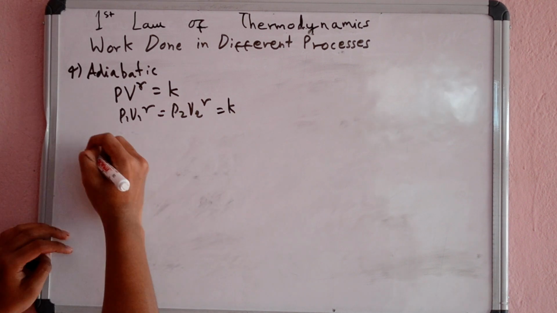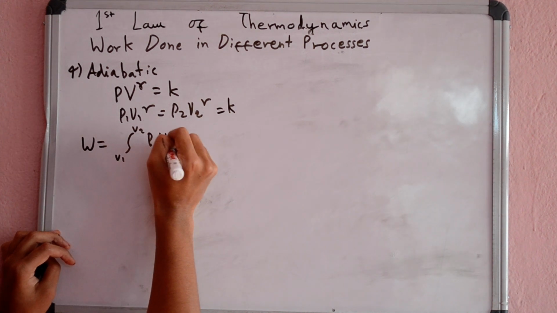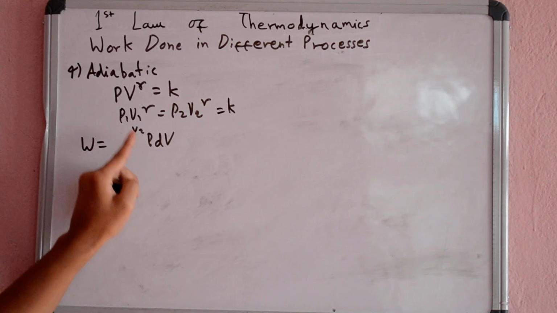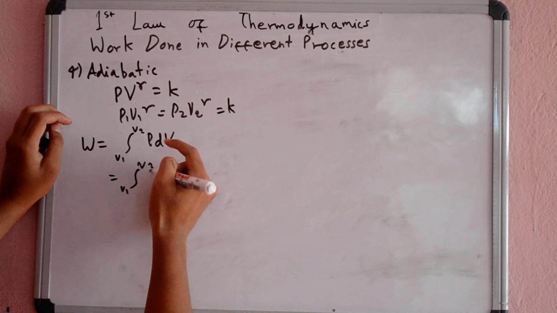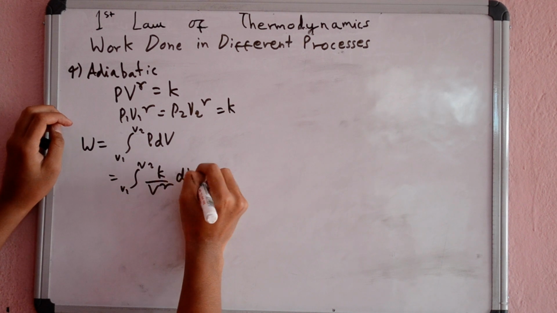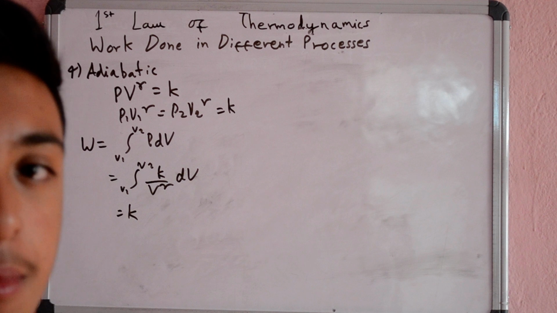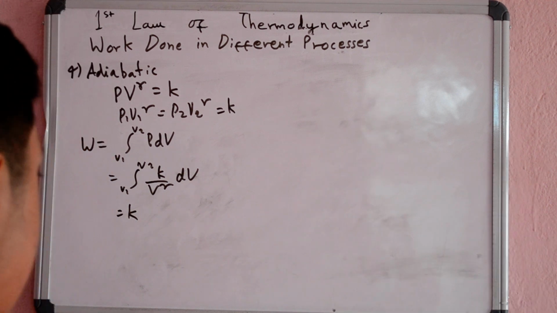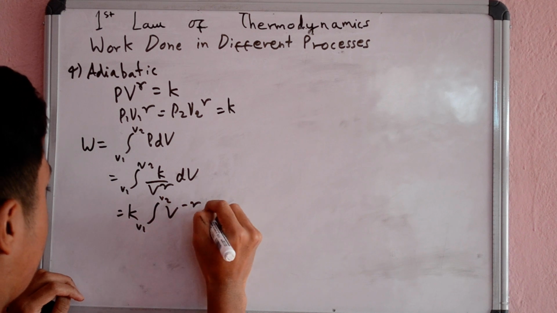Now work done is equal to the integral from V1 to V2 of P dV. From here we can get the pressure part. P can be written as K by V to the power gamma, dV. K goes outside, and V to the power gamma comes up as V to the power minus gamma, dV.